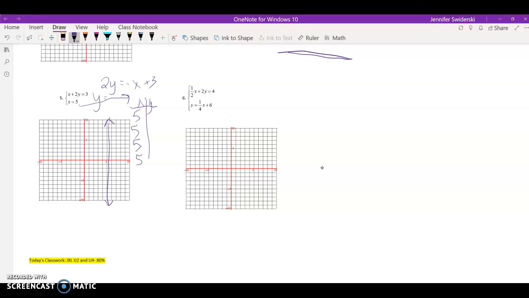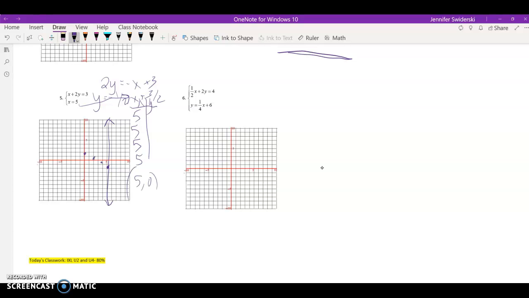So y equals negative 1/2 x plus 3/2. So if I have a dot at 1.5 on my y-intercept, I will be going down 1 over 2. So it looks like it's intersecting here at 5, 0.